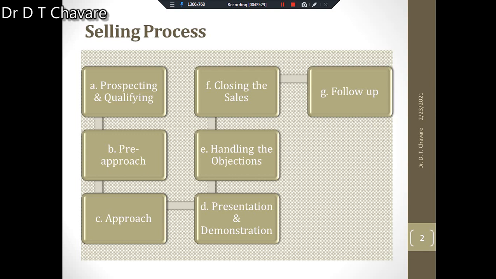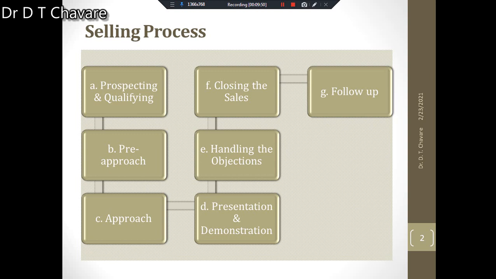The salesman also fixes the possible timing of interaction and overall sales strategy. In this step you have to take such type of action. Then the third step is approach.